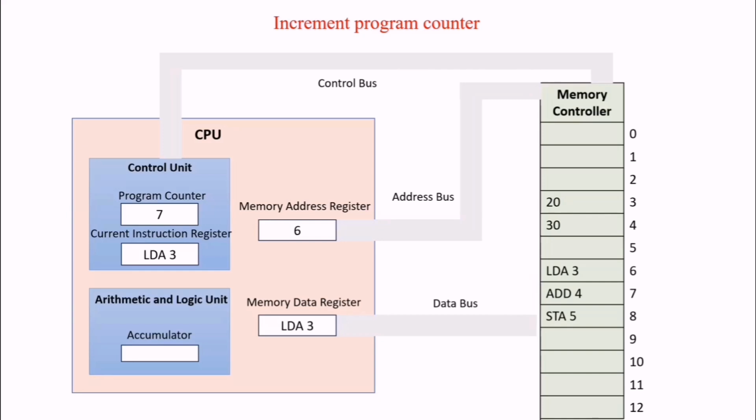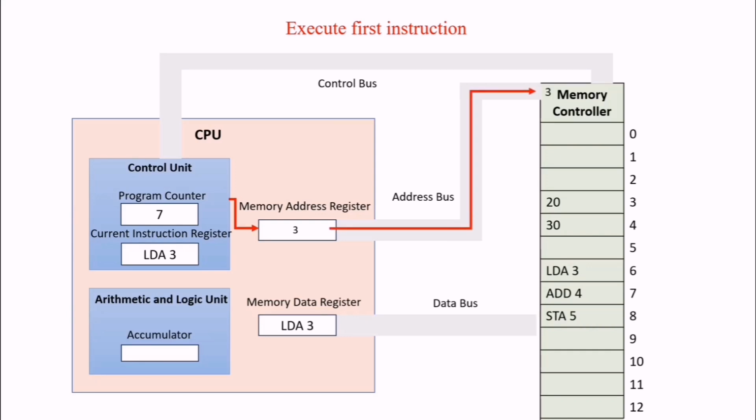After that, the program counter is incremented, so the program counter now contains the memory address of the next instruction to be fetched. The control unit decodes the instruction LOAD 3, then puts the memory address 3 in the memory address register, overwriting what's already there. This makes it available to the address bus and it's copied to the memory controller.